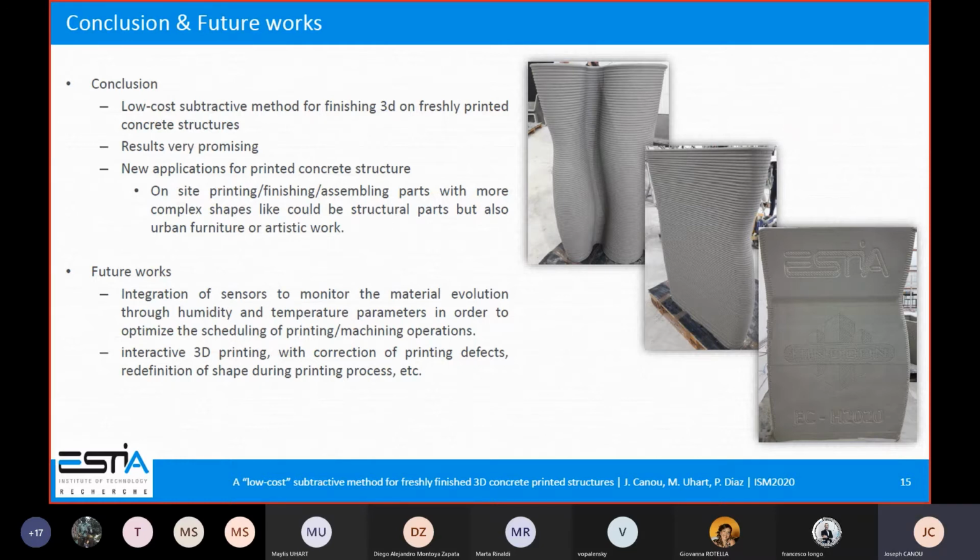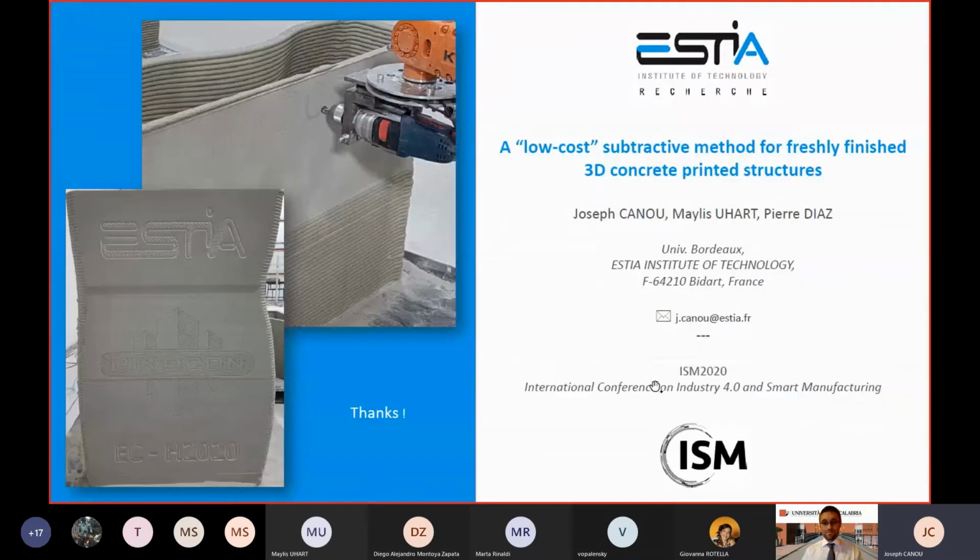And the most important thing for us is the interactive 3D printing with correction of printing defects and redefinition of the shape during the printing also. And here you can see that we also had the possibility from a picture to do some engraving. So, well, that's all for me.